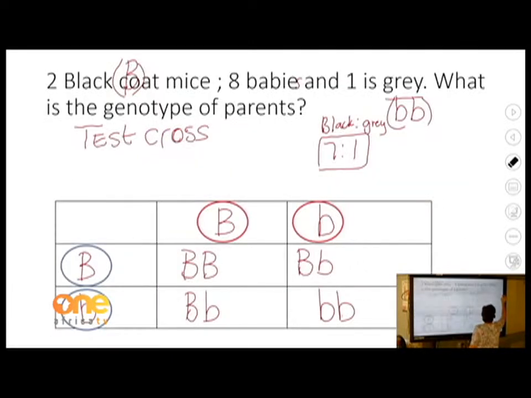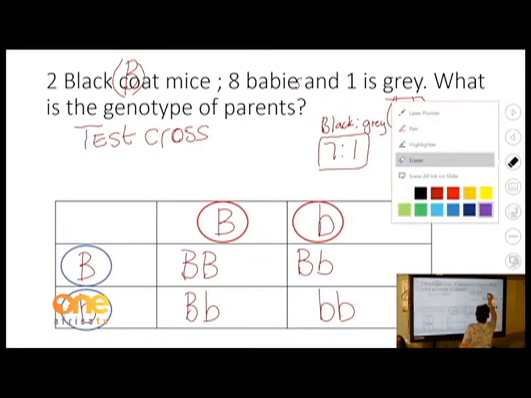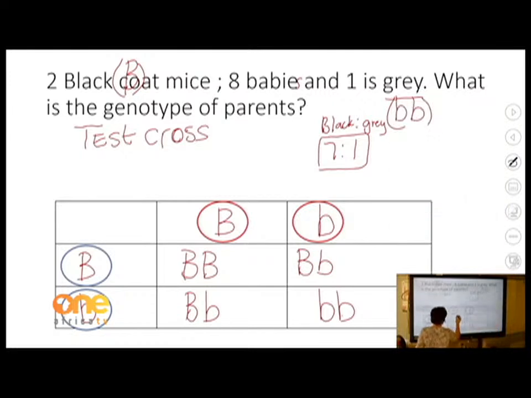I'm going back to this one. Heterozygous crossed with heterozygous always gives me 1 dominant homozygous, 2 heterozygous, and 1 recessive homozygous.